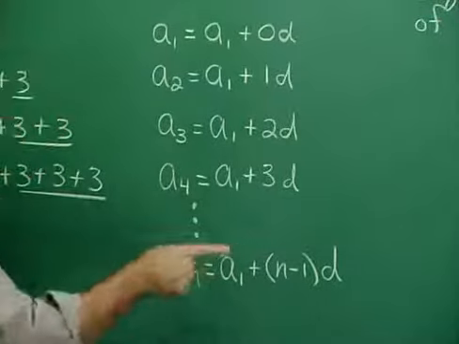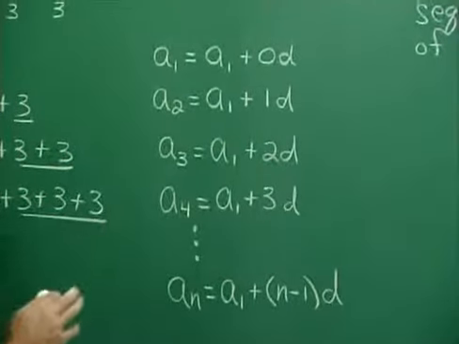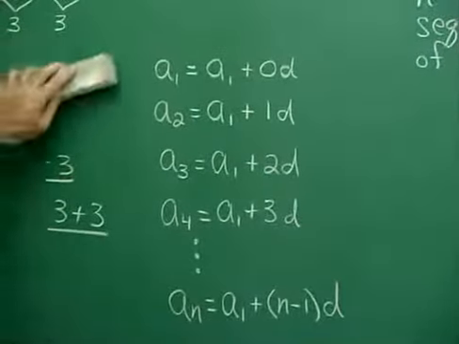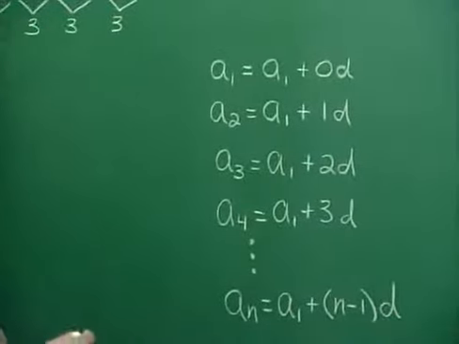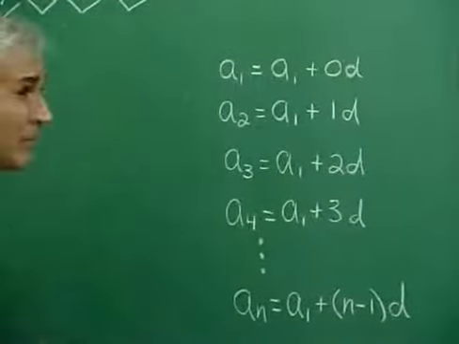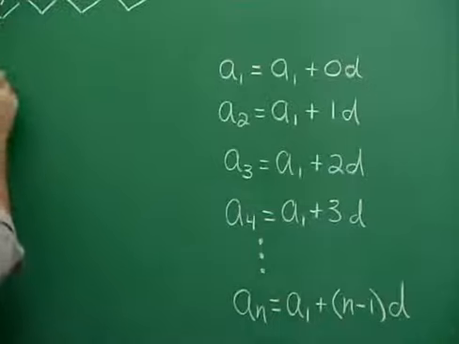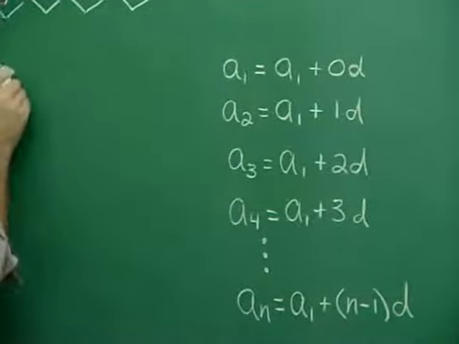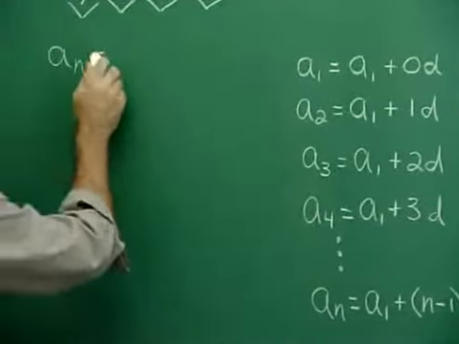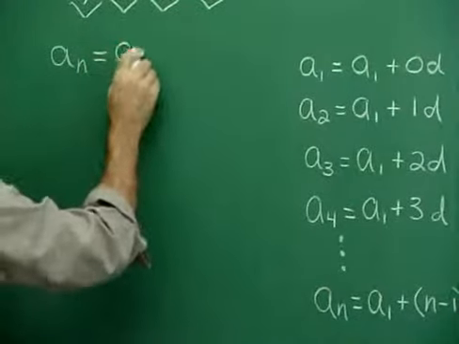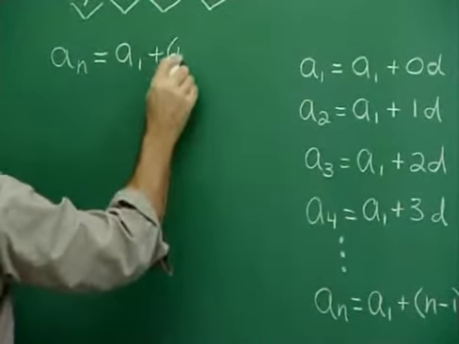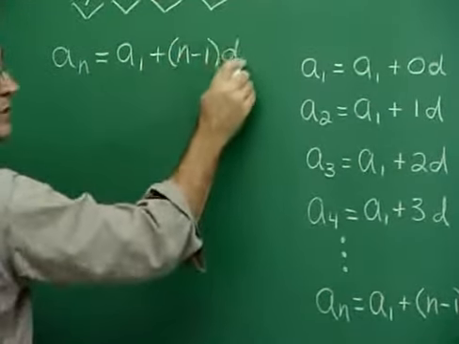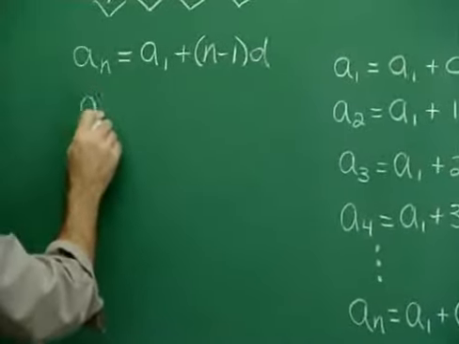Now, using that kind of model, we can a lot of times generate the expression for the nth term of an arithmetic sequence. And for this arithmetic sequence, it would work like this. We understand that with arithmetic sequences, we have this relationship. That is, the nth term is just the first term plus n minus 1 differences. And now let's plug in the information that we know.